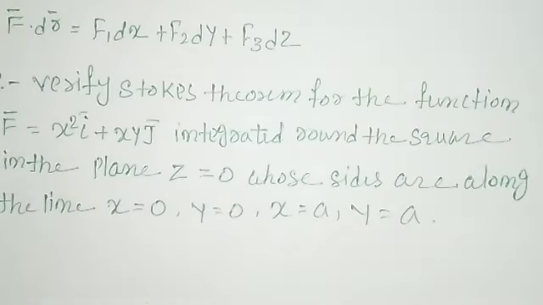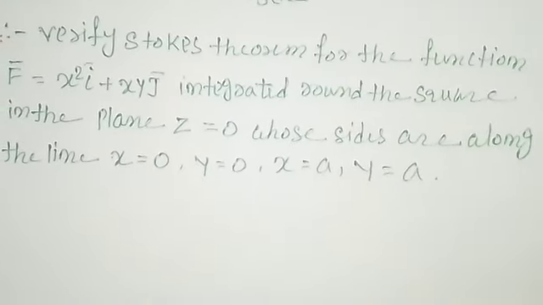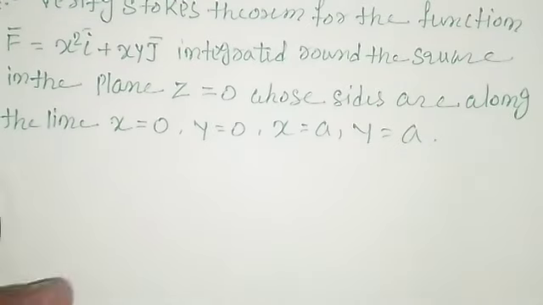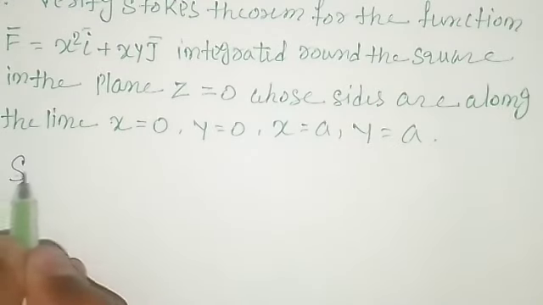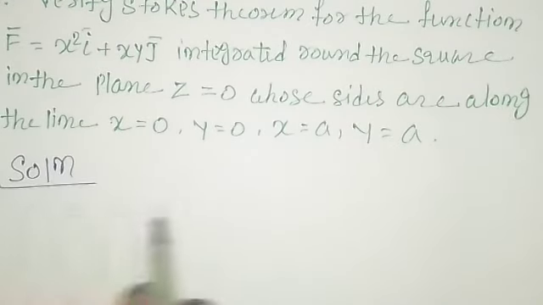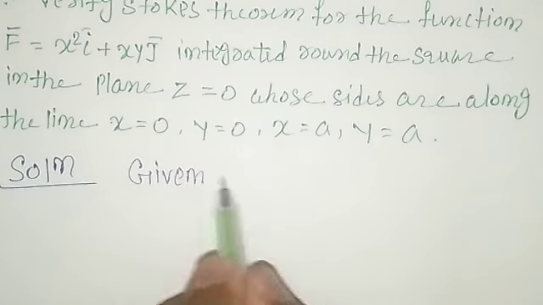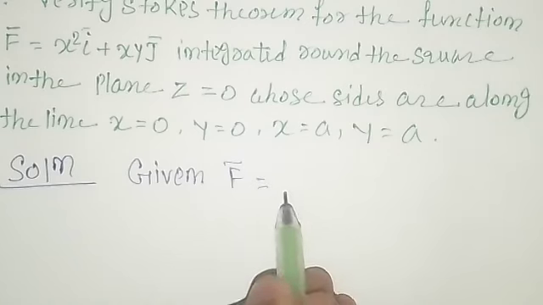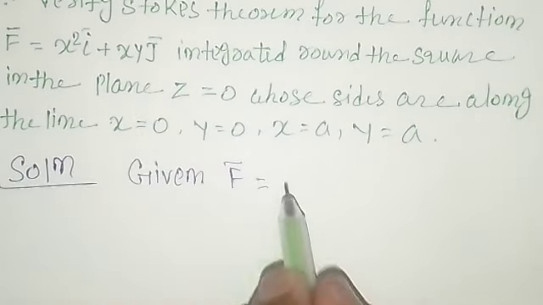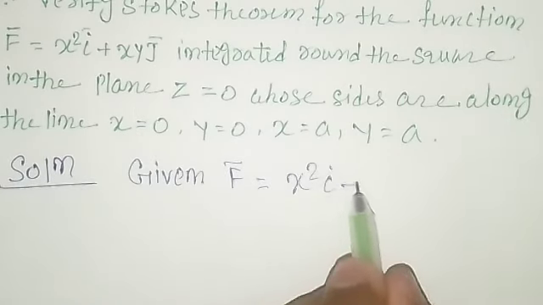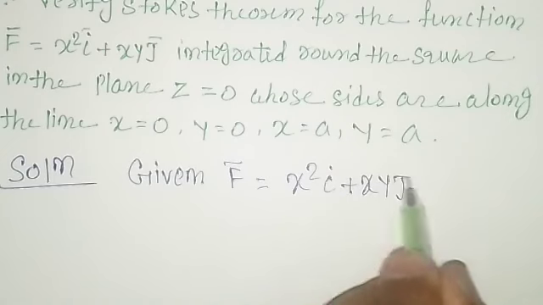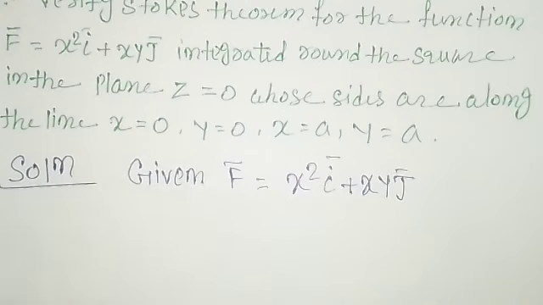So let's begin, right? Here is the solution. Given vector f equal to x squared i plus xy j, right? Then by the Stokes theorem, what is the Stokes theorem?